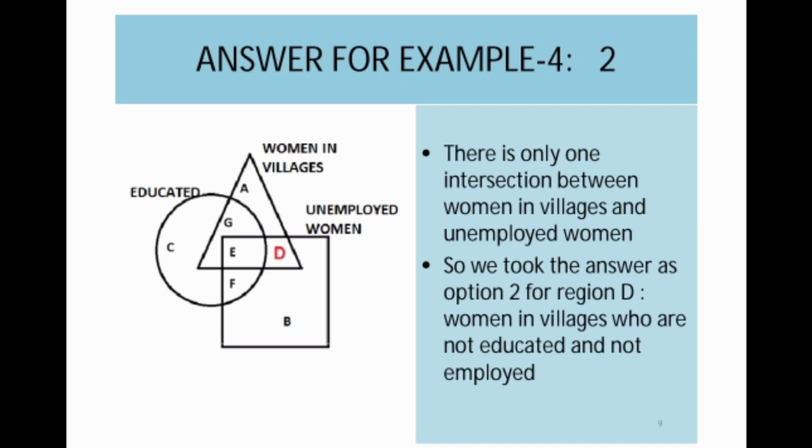According to the question, they gave circle represents educated, but they asked region D. So the region which is not intersected by the circle, we can take as uneducated. So the answer is women in villages who are not educated and not employed.